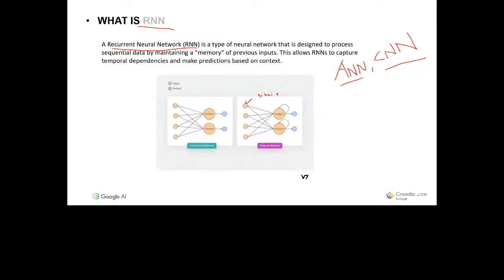But in the recurrent neural network, your new input will also be there, plus the output of that hidden neuron with the weight. So this is how you will compute the weights.